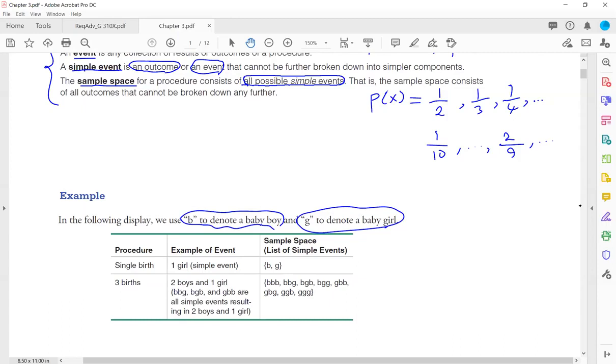The sample space, or the list of all possibilities, is going to be either a boy or a girl. So this is your sample space. Remember that for a sample space, you have to put all the outcomes inside curly brackets.